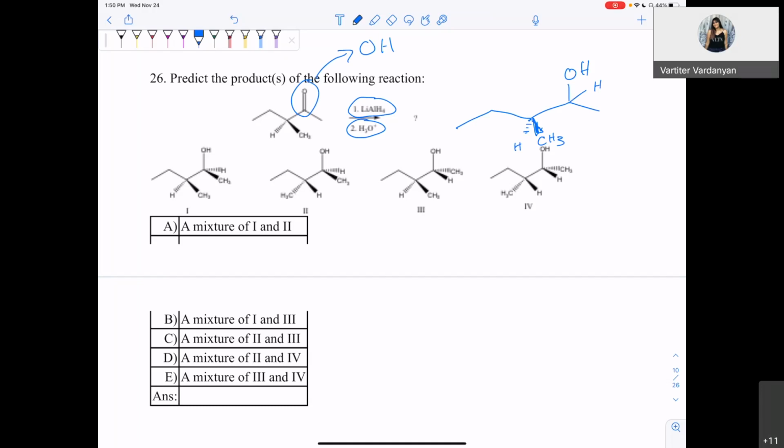Double bonds are planar. So can we choose whether the hydrogen gets added wedged or dashed? Yay or nay?